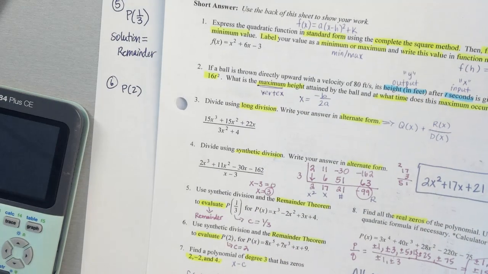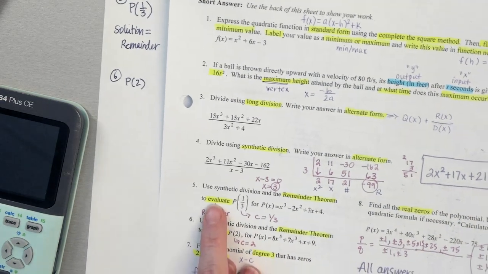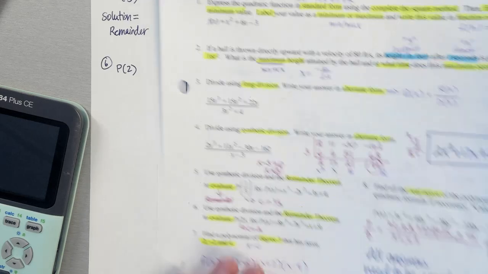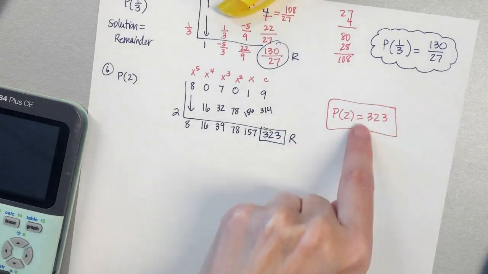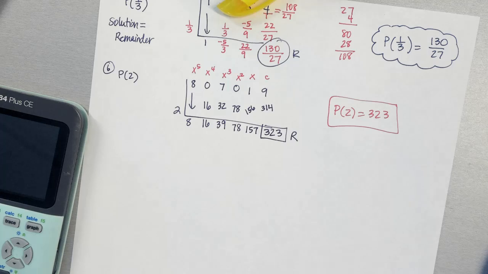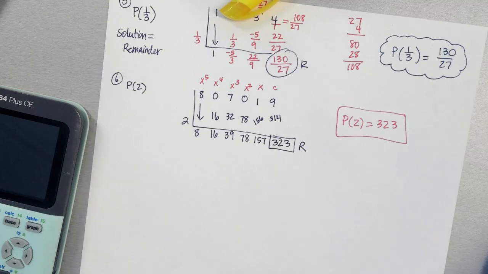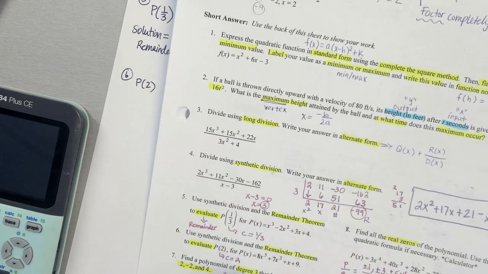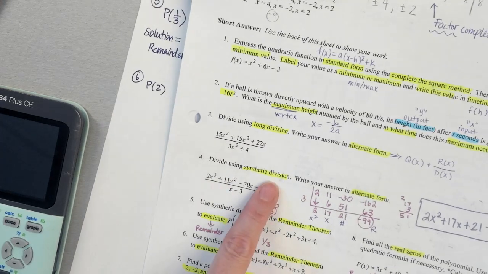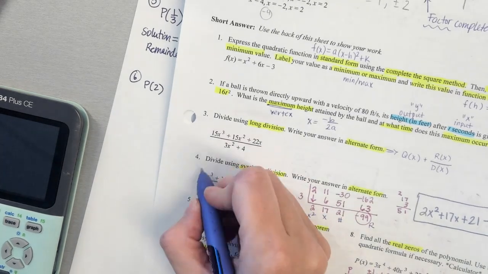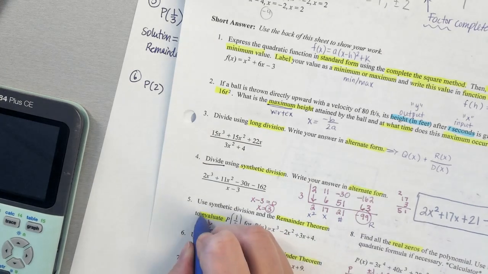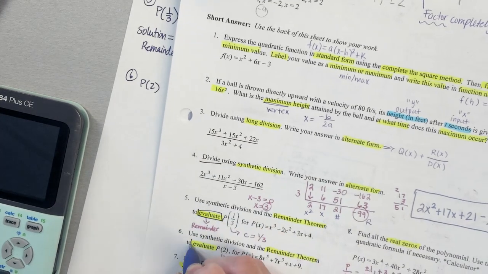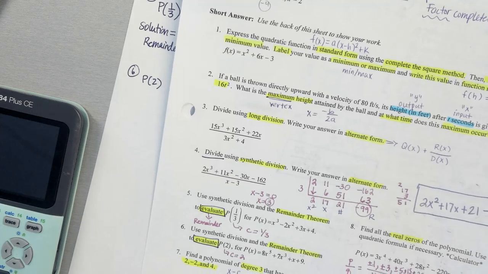Anytime it says evaluate, that's when you're going to use this value. If it says to write your answer in alternate form, that's when you are going to write it as your x squared with your remainder over your divisor. Do you see how this one says divide using synthetic division? This one said divide, these say evaluate. That's going to be the difference.